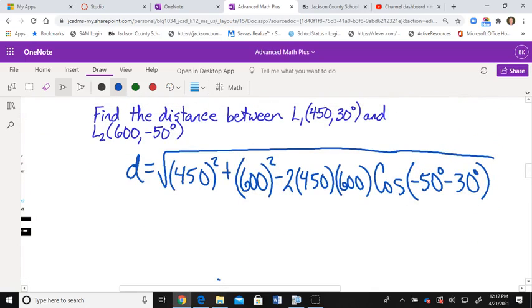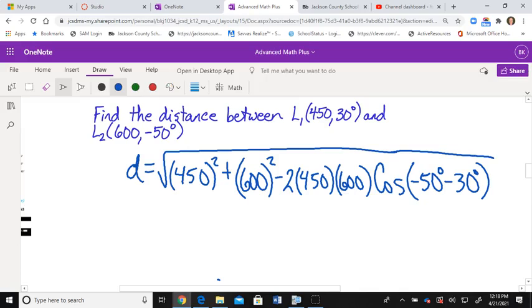Now, before you put it in your calculator, everybody hit mode. What does it need to be in? Degrees, because we're using degrees. Now, they will give you problems in radians. If they do, you need to make sure it's in radians, or you can convert to degrees and just leave your calculator alone. Everybody with me?